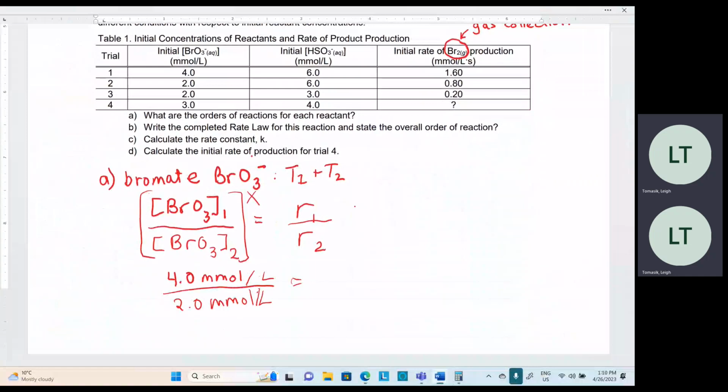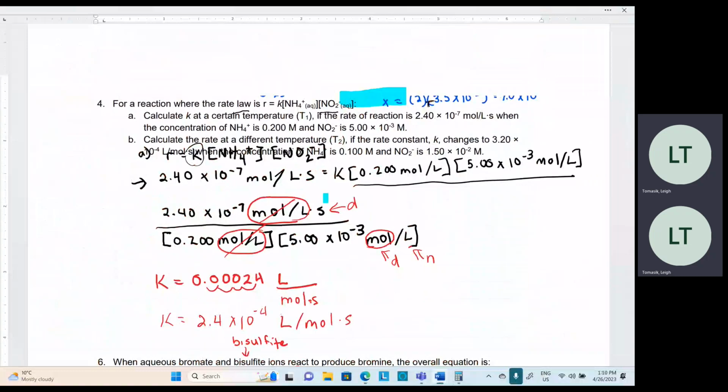And then we compare the rates. Rate 1 is 1.60 millimoles per liter second, and rate 2 is 0.80 millimoles per liter second. So we can see here 4 divided by 2, the concentration doubled, and the rate doubled as well.